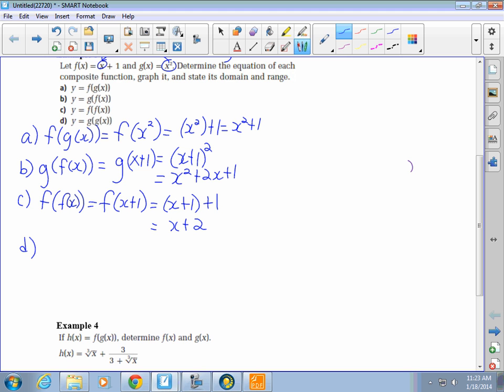The last one is g of g of x. That means wherever there is an x in my g, I'm going to substitute in an x squared. So this is going to be x squared, all squared. Is it a negative? No, just a positive. So this equals x to the 4.